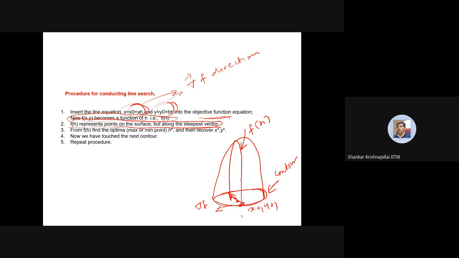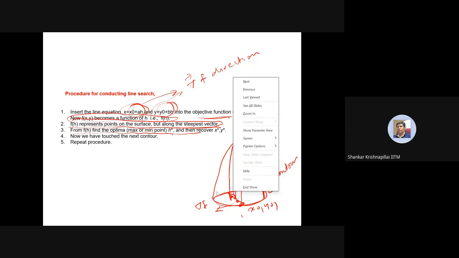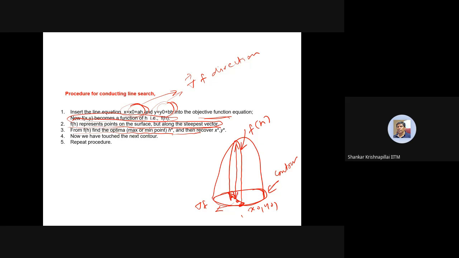So f of h represents the points on the surface, but along the direction of the steepest vector. From f of h, find the optimum, that is the maximum or minimum point, h star. So you have to find the point where the maximum height occurs.